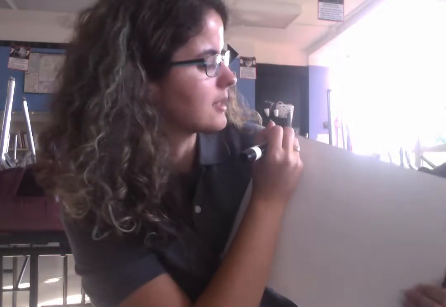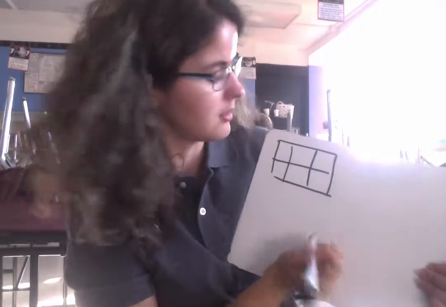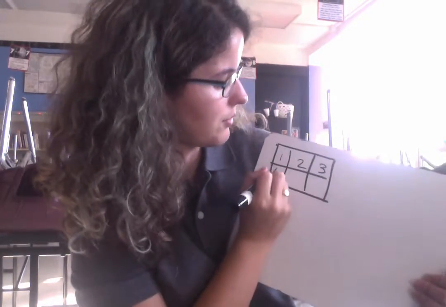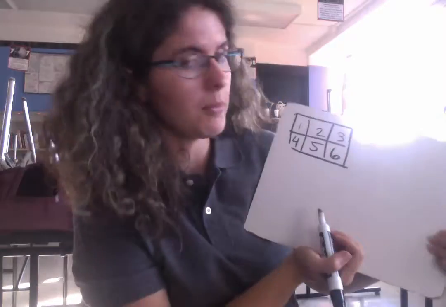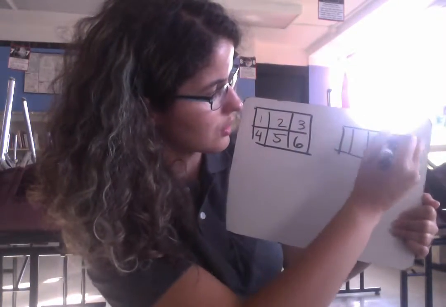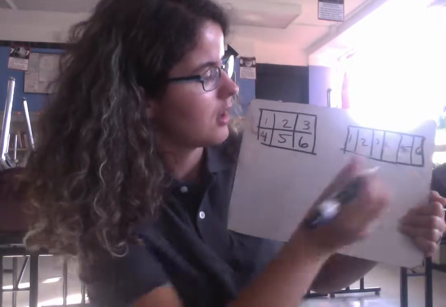Well, there are a few ways I could draw them. I could draw a picture that looks like this, that has my plots. Maybe number those 1, 2, through 6. I could also choose to do a straight line of plots, 1, 2, through 6.